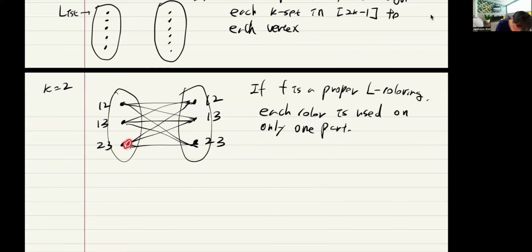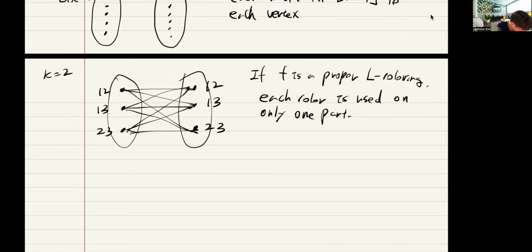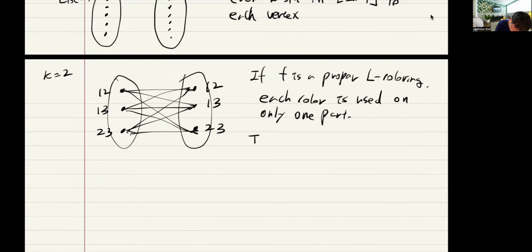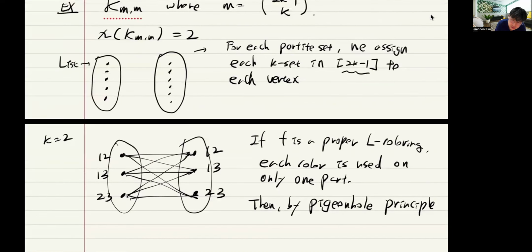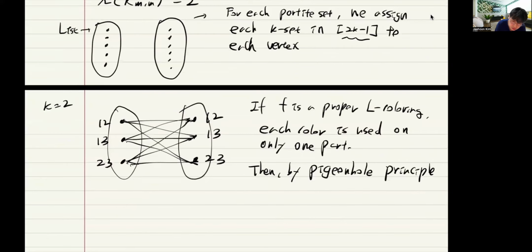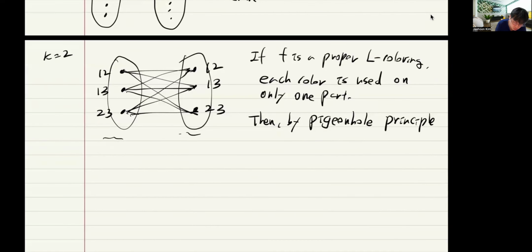If color 1 is used here and color 1 is used here, then it's not proper. If color 1 is used in here, then it's never used here. Then by pigeonhole, there are 2K minus 1 colors, and they are used in at most one part.